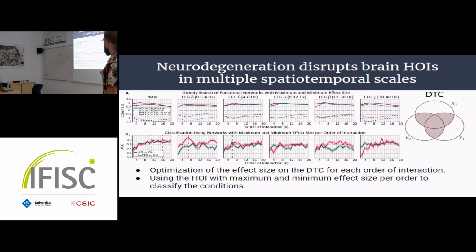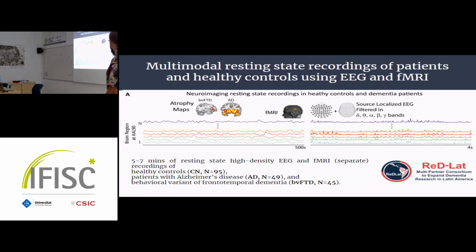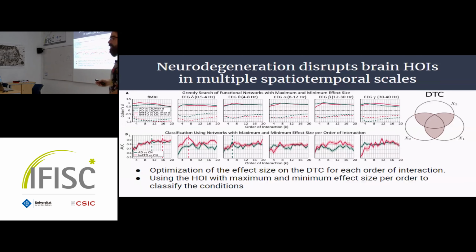So for that, I will compute the effect size, the Cohen's effect size, at each order of interaction. Before I showed you the greedy approach for maximizing the O information; now what I want to do is to maximize the effect size. So I want to find the high order interactions that maximize the difference between control condition, healthy condition, and a pathological condition. And I can do that at each order of interaction.